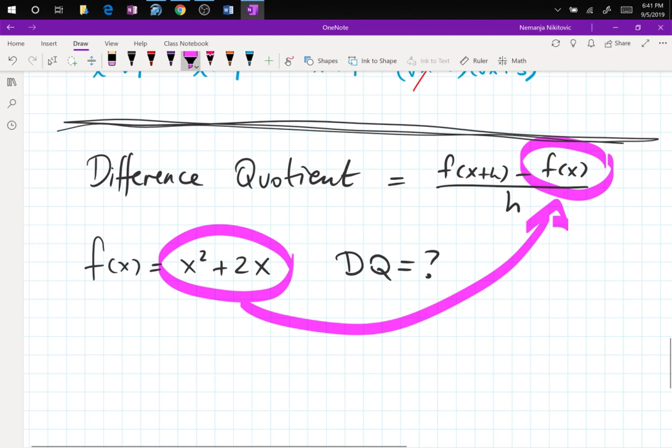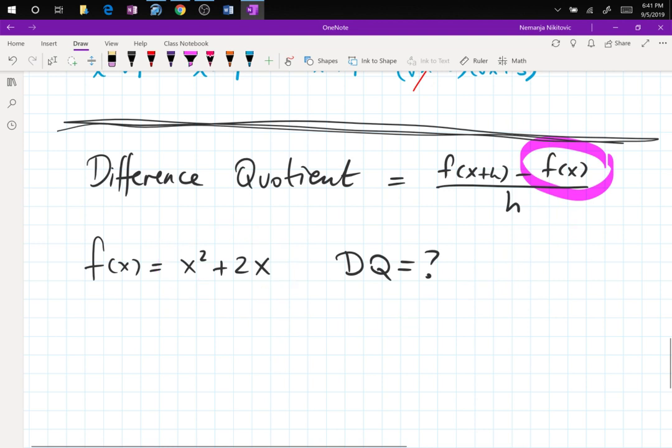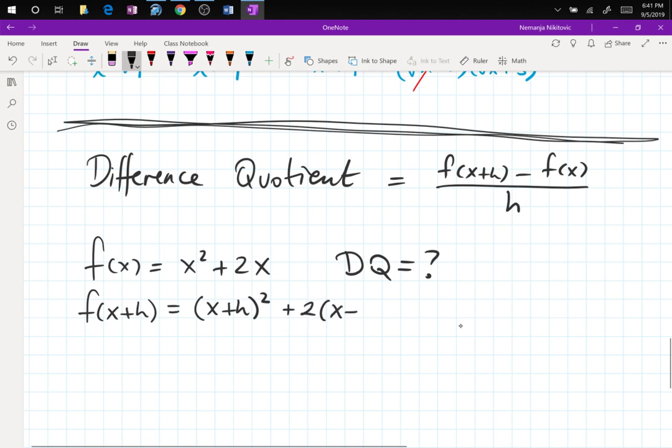So that one will just plug in there as a module. I need to create a building block for f of x plus h. Well, this one tells me to replace every x of the equation with x plus h. So it's x plus h squared plus 2 times x plus h. And now we just need to work out the algebra.